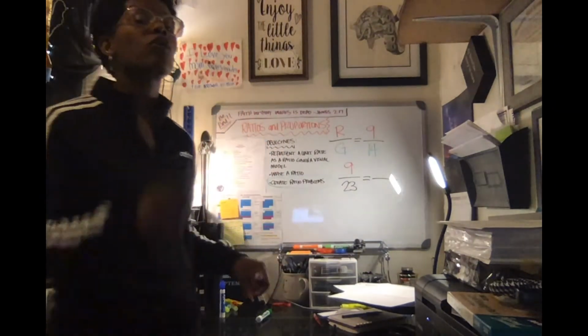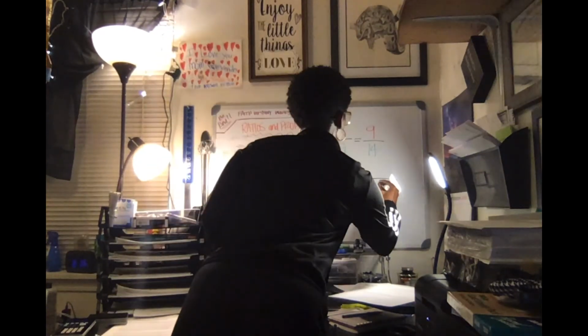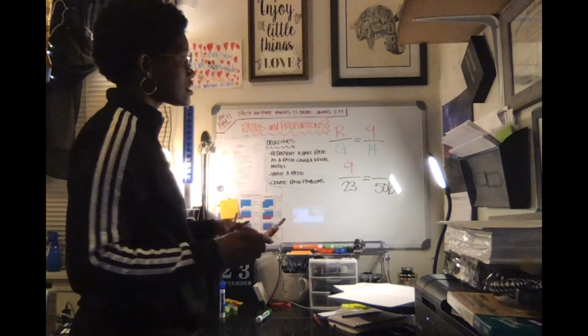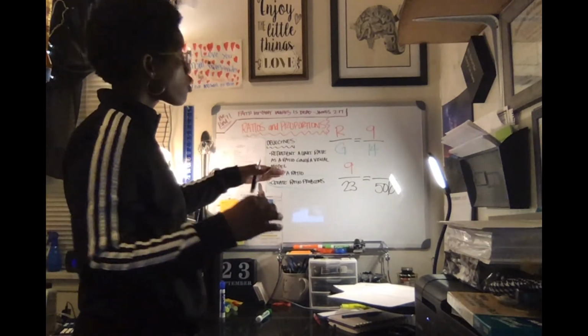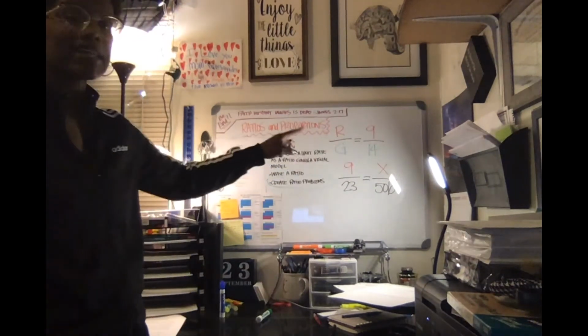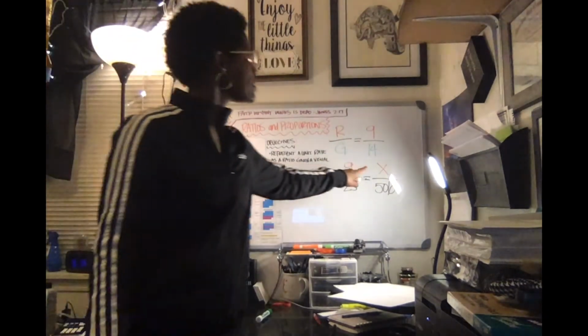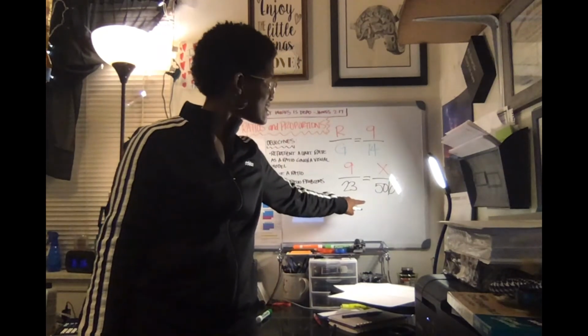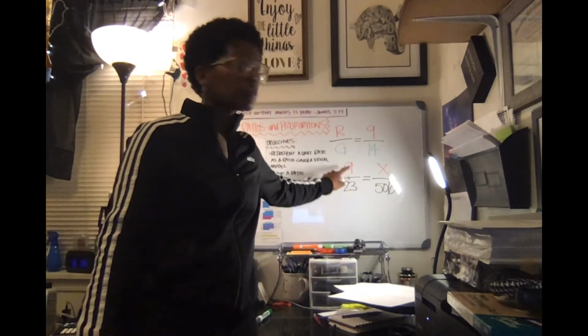It has to go on the bottom. So 506. And this creates our proportion that we're going to solve. We're going to solve for the red, X, because we want to know how many red are in the whole package, which includes 506. For every 23, there are 9.